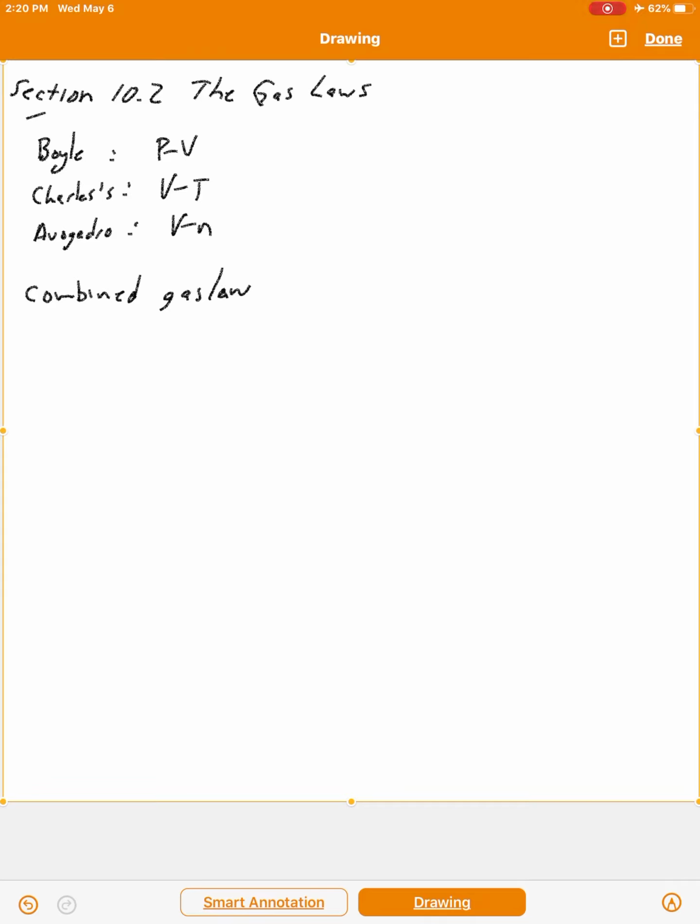And the combined gas law is very useful. What it says is that the pressure times the volume divided by the number of moles times the temperature is constant. So I'm going to write it this way. That ratio, that monster of a ratio, is a constant.